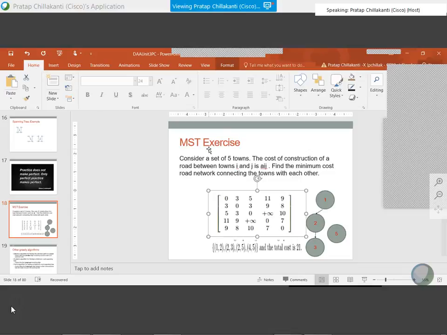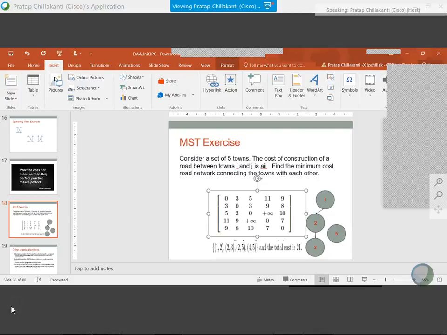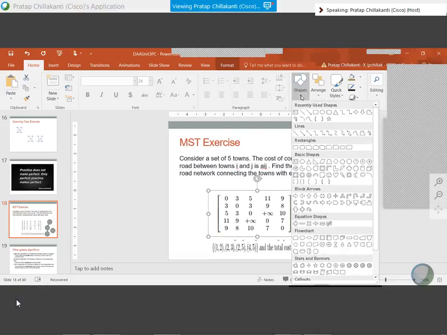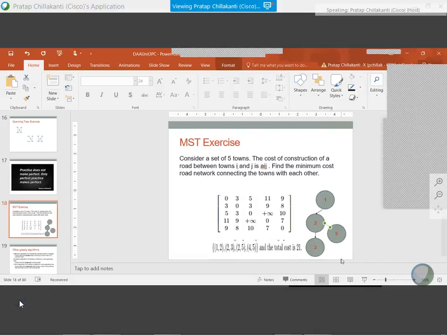Where do my lines disappear like that, just like that? Shapes, design. Insert, okay. The lines keep going from one shape, one place to another place, like that. And then I have 4 to 5. So I should have some 4 here somewhere, another node.